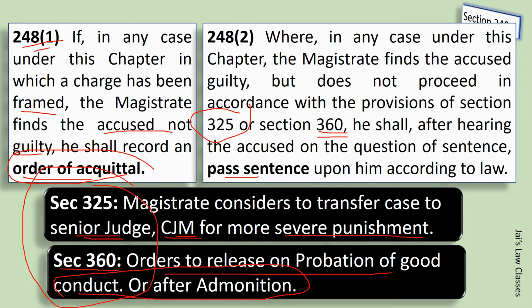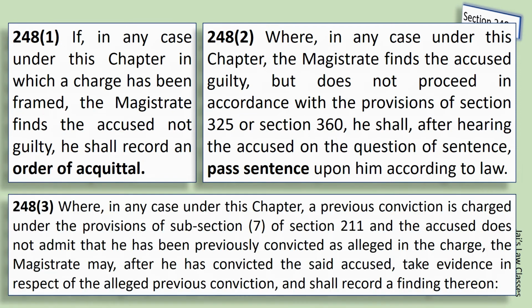Now subsection 3 of section 248 speaks about where, in any case under this chapter, a previous conviction is charged under the provision of subsection 7 of section 211 and the accused does not admit that he has been previously convicted as alleged in the charge. The magistrate may, after he has convicted the said accused, take evidence in respect of the alleged previous conviction and shall record a finding thereon.